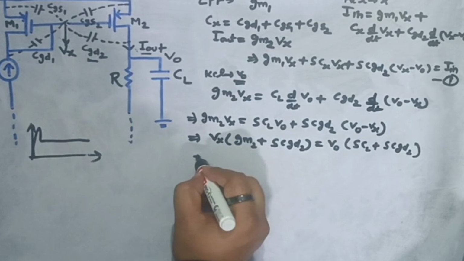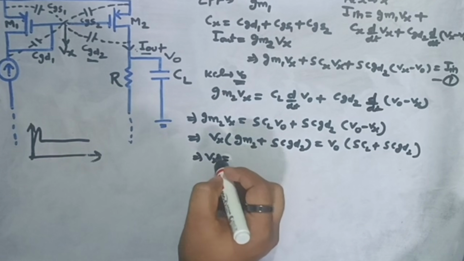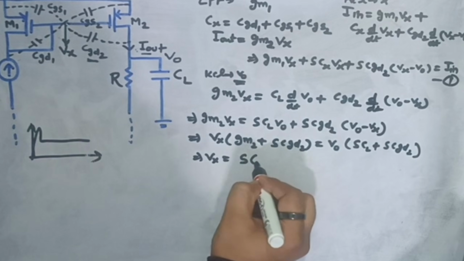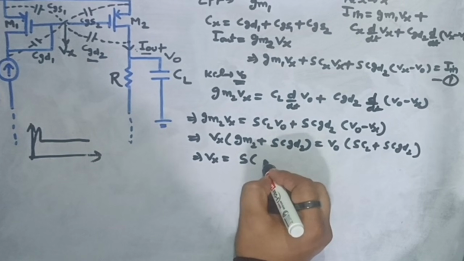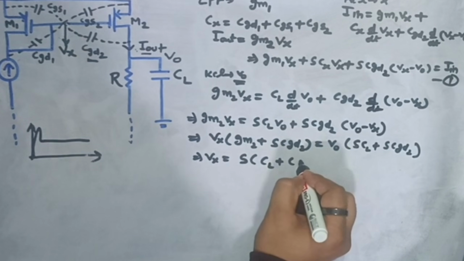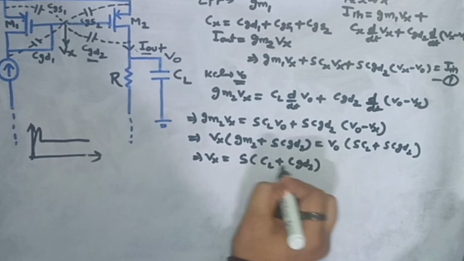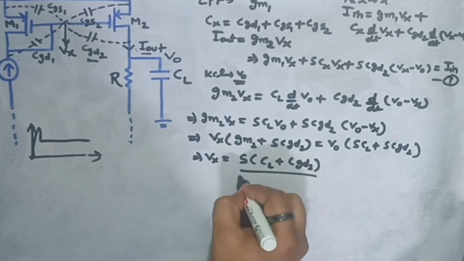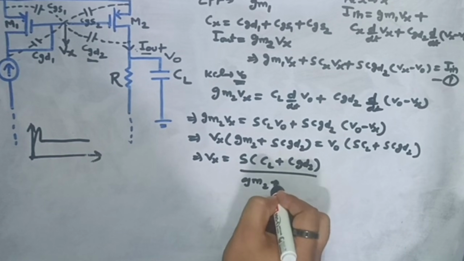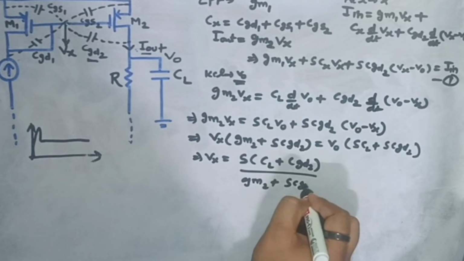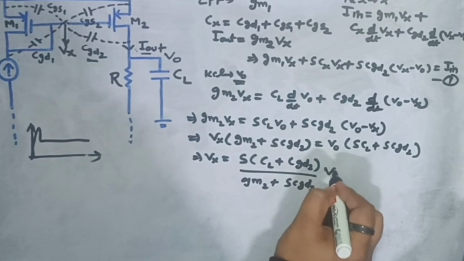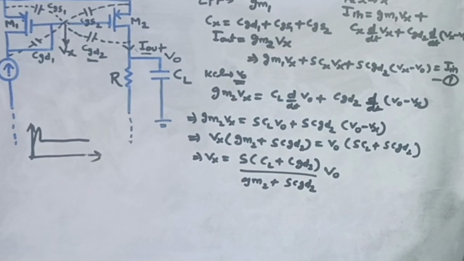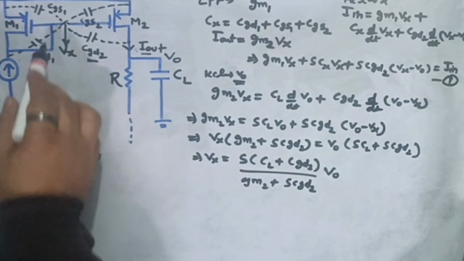I can write Vx from here, and that would be equal to s into (CL plus CGD2) divided by (gm2 plus s into CGD2), into V naught. This is the Vx value which we have obtained.